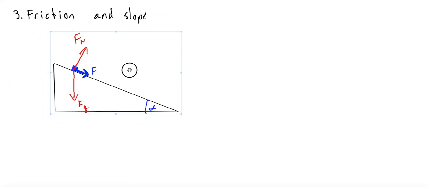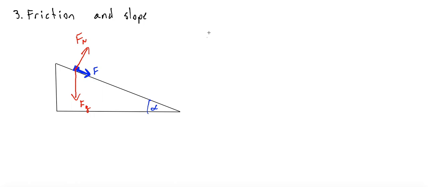Let's imagine again an object which is placed on the slope, but we have one more force acting on the object: frictional force, which acts opposite to the direction of motion. So we have three forces acting on the object placed on the slope.